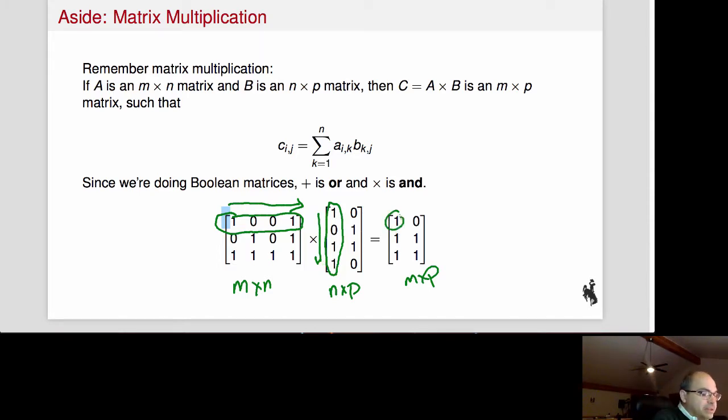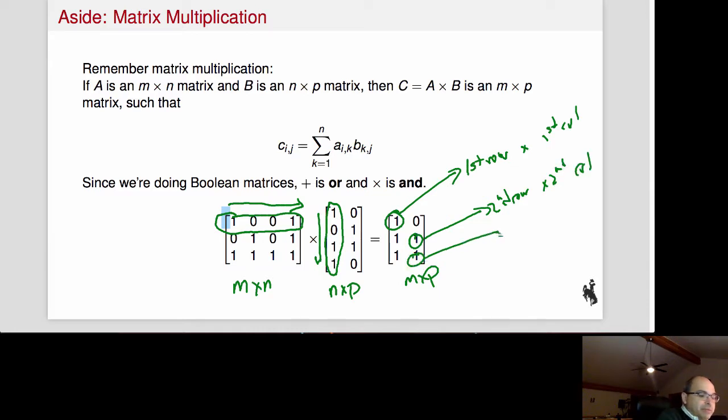And that becomes this entry. Okay, so this is the first row times the first column. And this one would be second row times second column. And this one, for example, would be third row times second column.